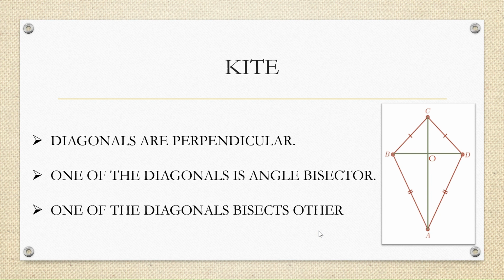Along with that, AC also bisects the angles which it is connecting. A and C are the two angles, and these two vertices are connected to form the diagonal. So this particular diagonal bisects angle A and angle C. We can also see from the figure that these diagonals are perpendicular to each other.